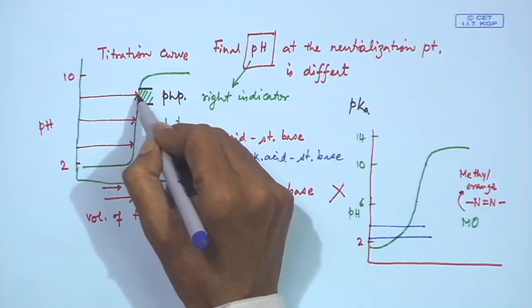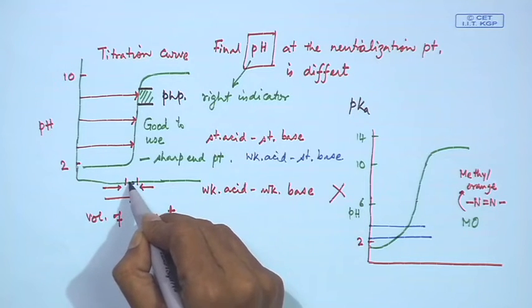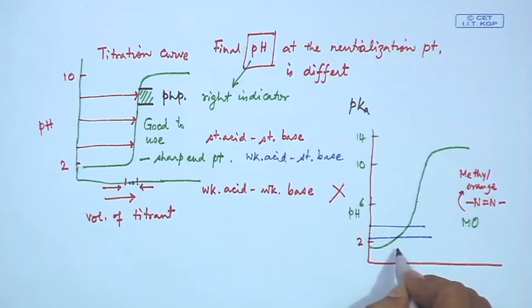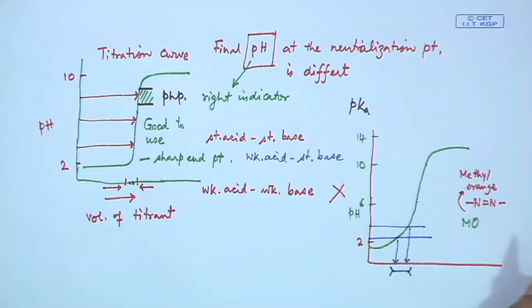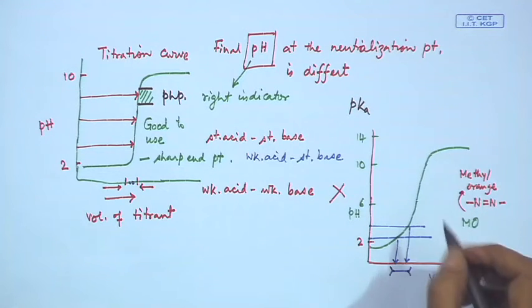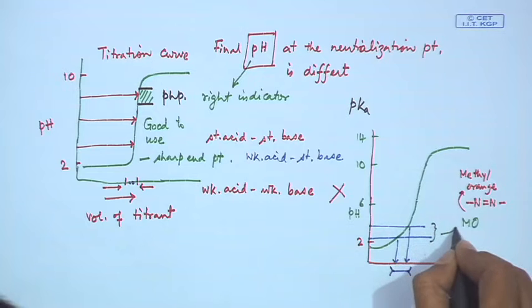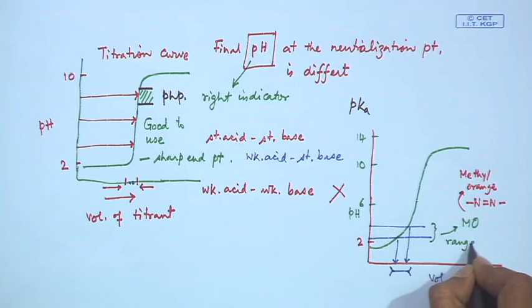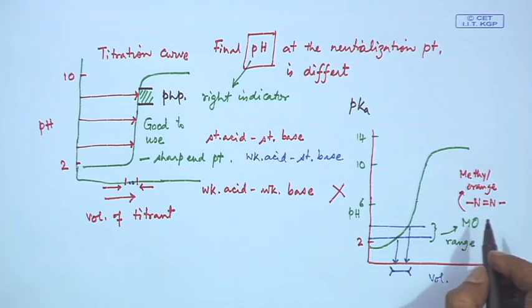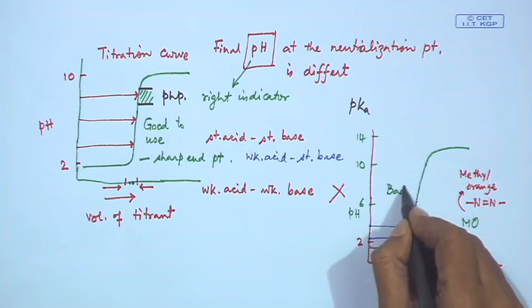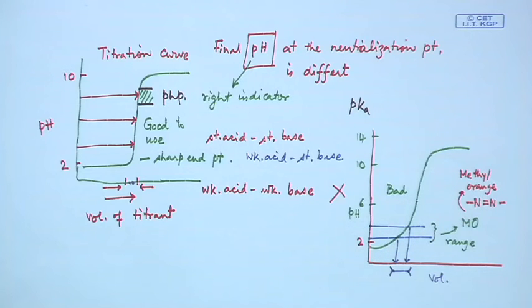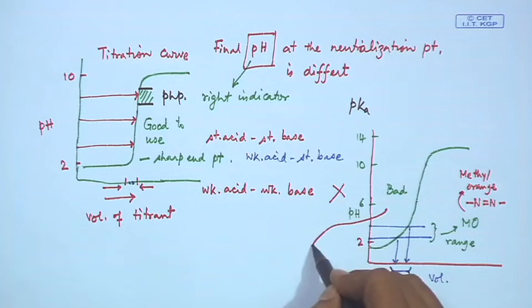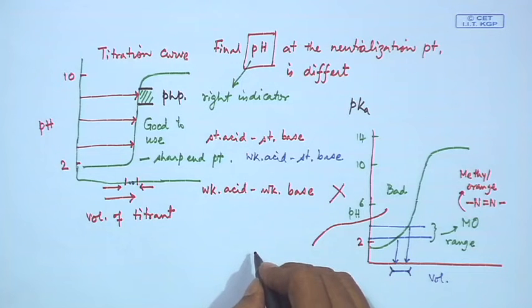So, one or two drops of addition give this sharp change, but here you see the volume of the titrant required is much more. So, use of this particular range, which is the MO range, that means the range for the indicator methyl orange, is not good. Therefore, we label it as bad to use, because the detection is not very distinct.